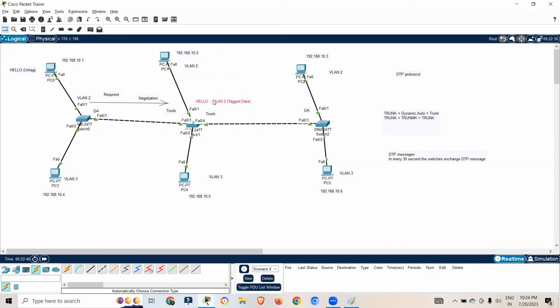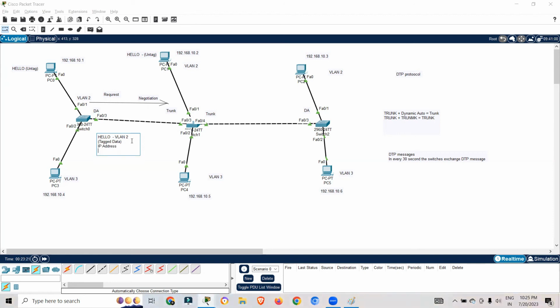But the destination receives only the hello message, not the VLAN information, so the data becomes untagged again. So the switch will encapsulate and de-encapsulate the data.